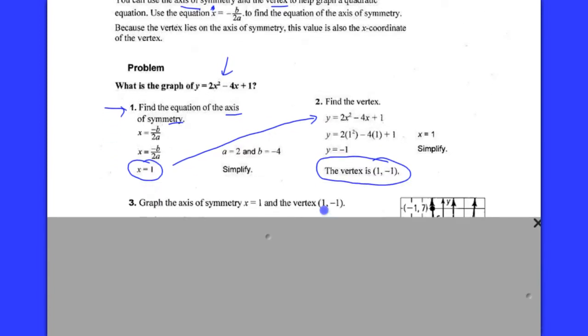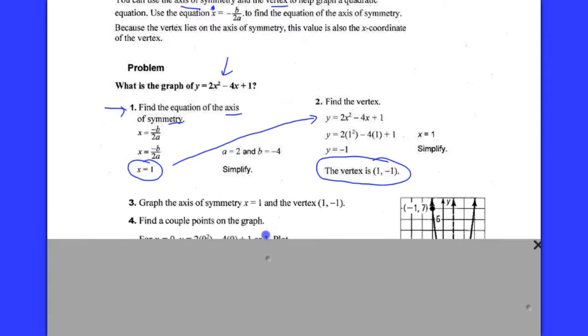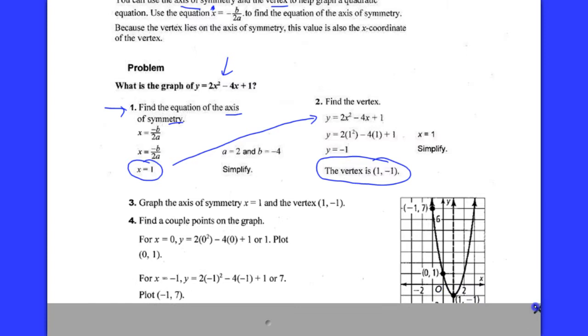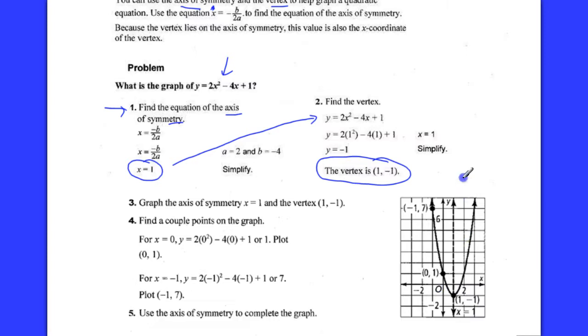And then for part 3, you always start with that axis of symmetry, which you see on the graph over there, and then you plot a couple points in the chart like we worked with there. So they start with the axis of symmetry right here, x equals 1. It's the x value. That's that line straight up and down.